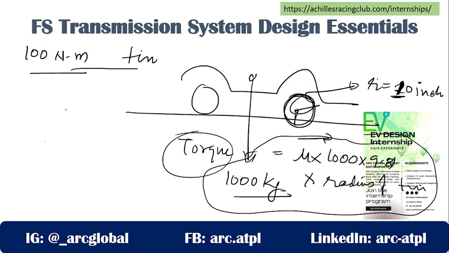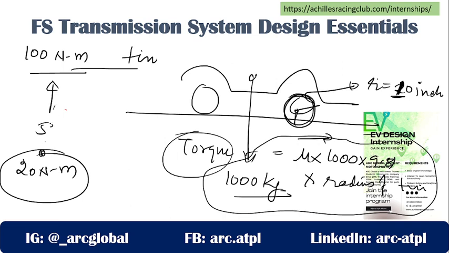Now, to achieve this particular torque of 100 Newton meter, the engine is producing 20 Newton meter. It means in between the engine and tire, you need to use a 5:1 gearbox. A 5:1 gear ratio is required between them.